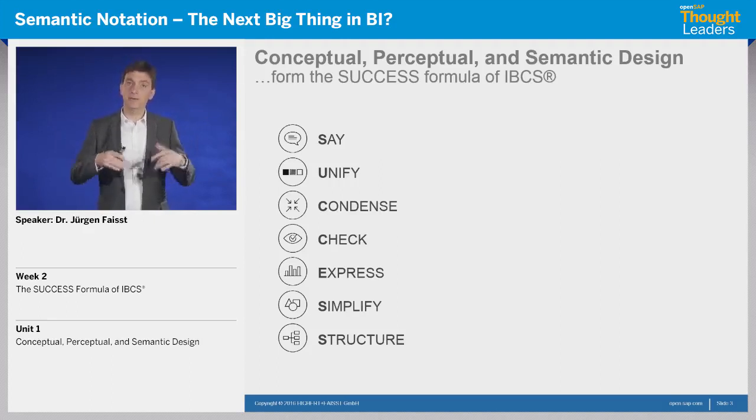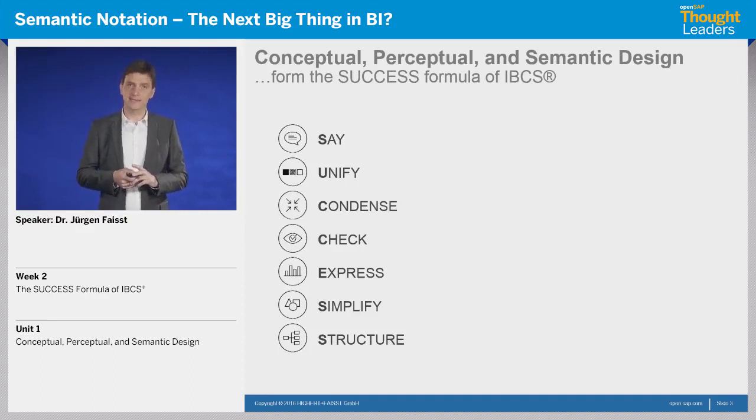Actually, this bigger set of rules comprises 7 steps, the 7 steps of the success formula for IBCS. Let me shortly go through this 7-step formula.